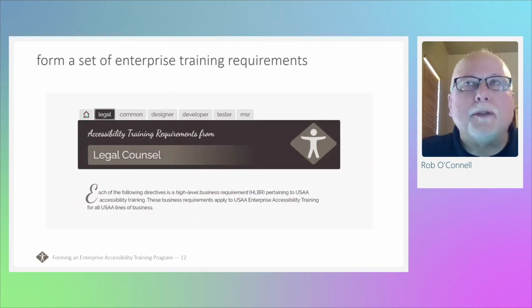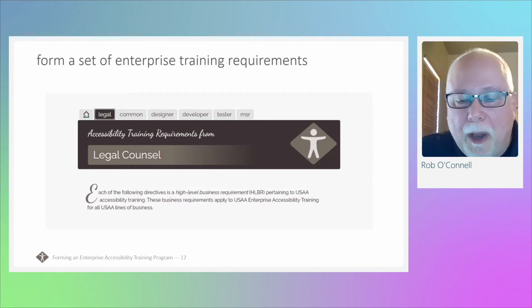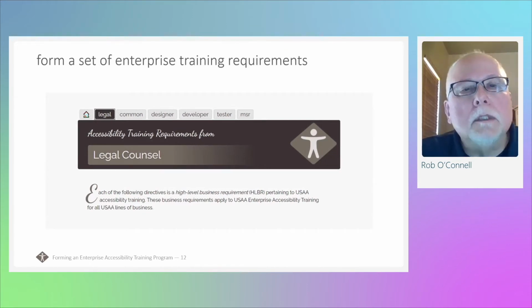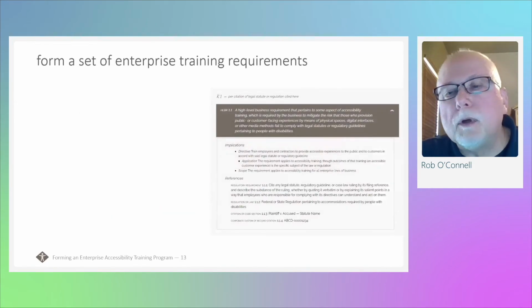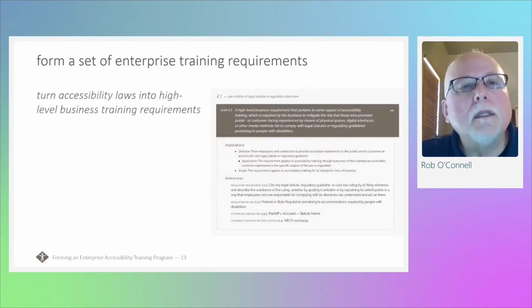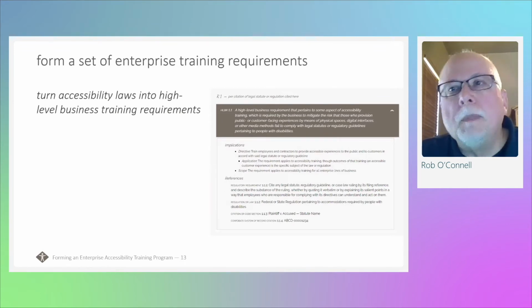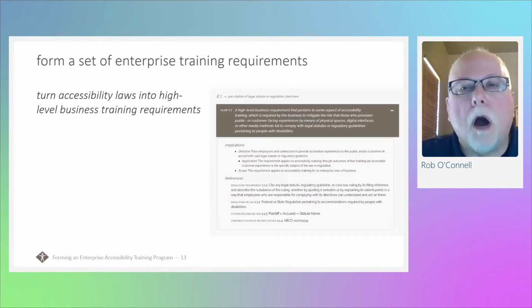First in importance, it wasn't the first thing we knew about, was the legal layer of that repository of requirements. It just so happened that our legal counsel was able to give us a number of guidelines, high-level business requirements that they developed from existing federal regulations as well as case law.